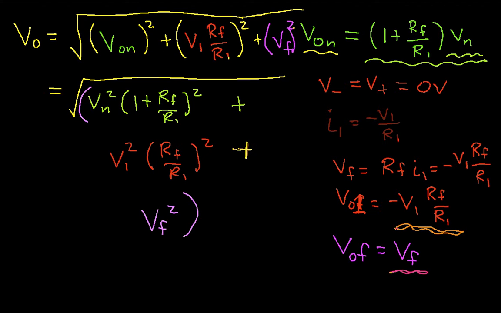Again, we get Vn from the spec sheet of the op-amp. I'm sorry, we multiply the value off the spec sheet by the square root of the bandwidth to get Vn.